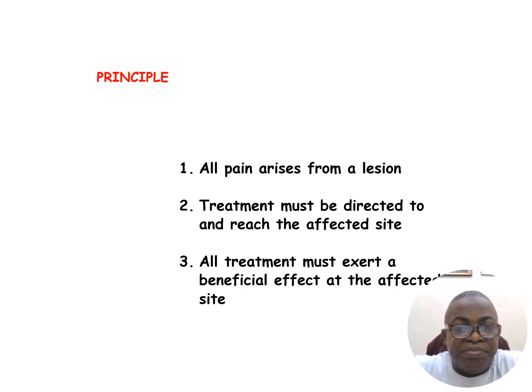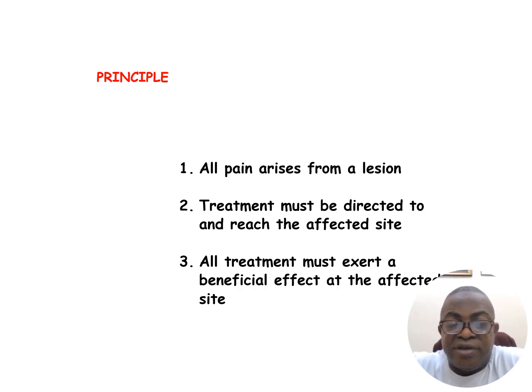Now let's talk about the principles of using the Cyriax method of manual therapy. One of the principles is that all the pain that you want to treat with Cyriax technique must arise from a lesion. So it doesn't treat psychogenic pain or psychiatric pain.